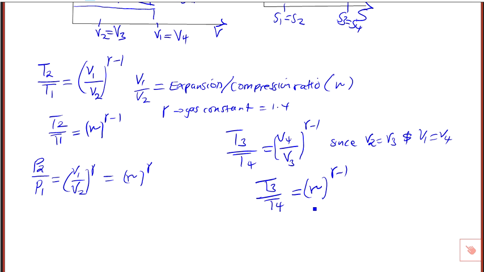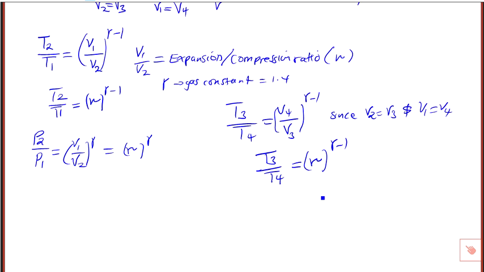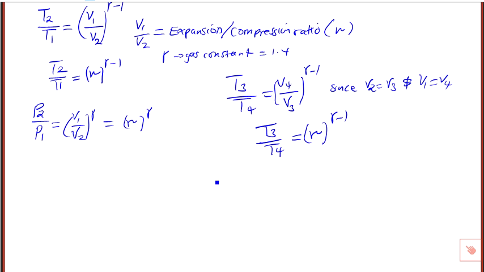That is, T3 over T4 equals r to the power gamma minus 1, and P3 over P4 is also equal to r to the power gamma.